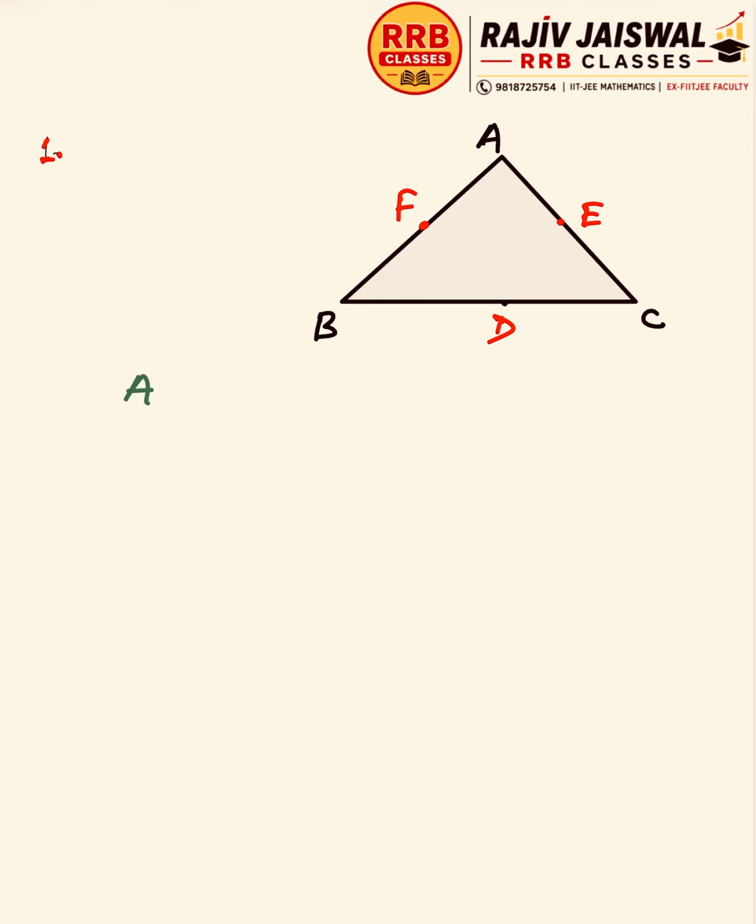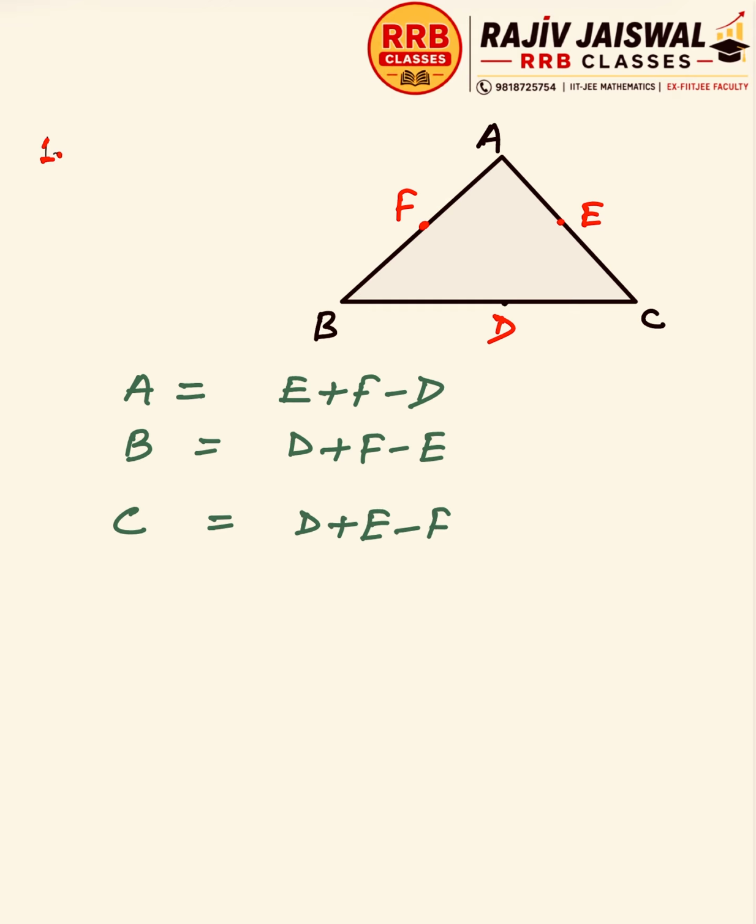If you want vertex A, simply write A as E plus F minus D. Similarly, vertex B is D plus F minus E. Vertex C is D plus E minus F.